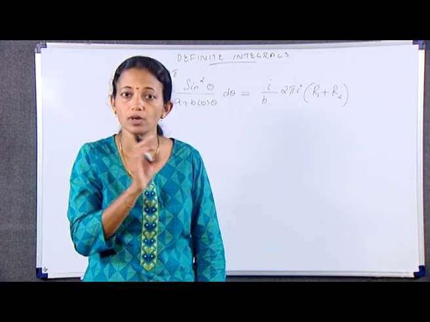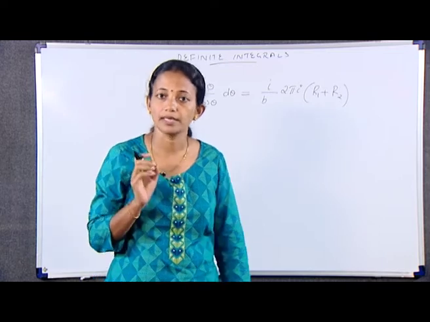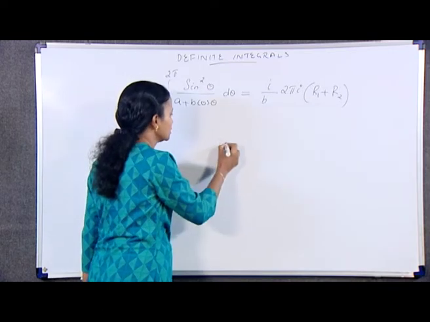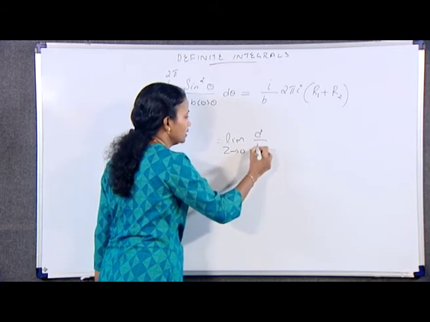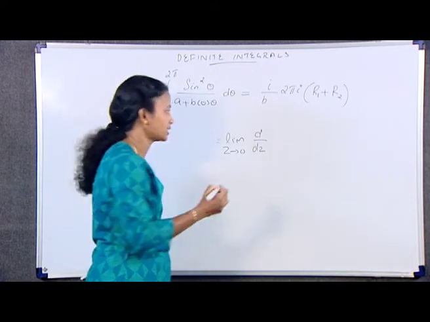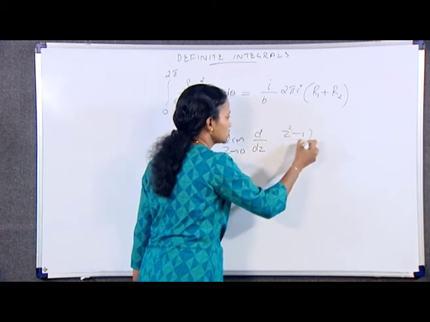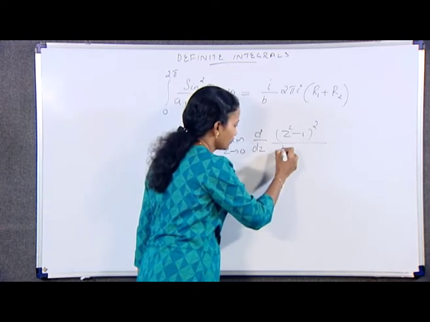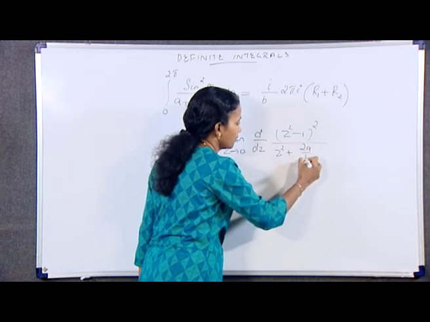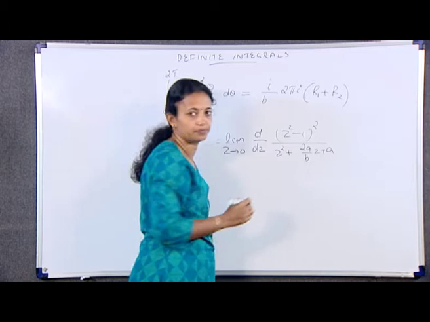The value is equal to limit z tending to 0 d by dz of (z square minus 1) whole square divided by (z square plus 2a by b z plus 1).